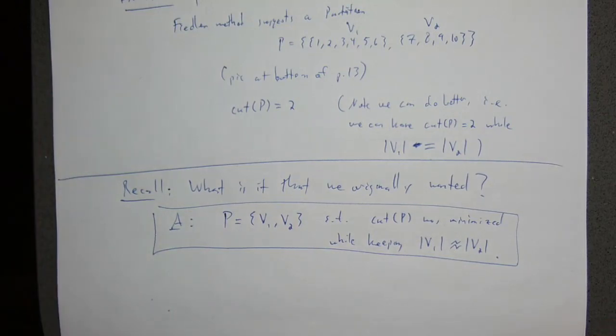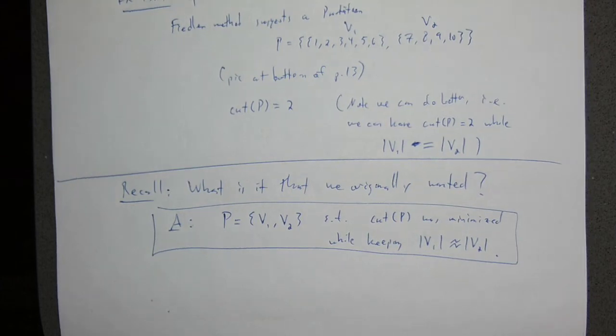Okay, so the observation here, and this is covered on page 14 of the notes, is that you can formalize this by saying that if you have a partition of a graph G with n vertices, you can define this by choosing a vector x, where each entry in the vector x is either plus or minus 1.